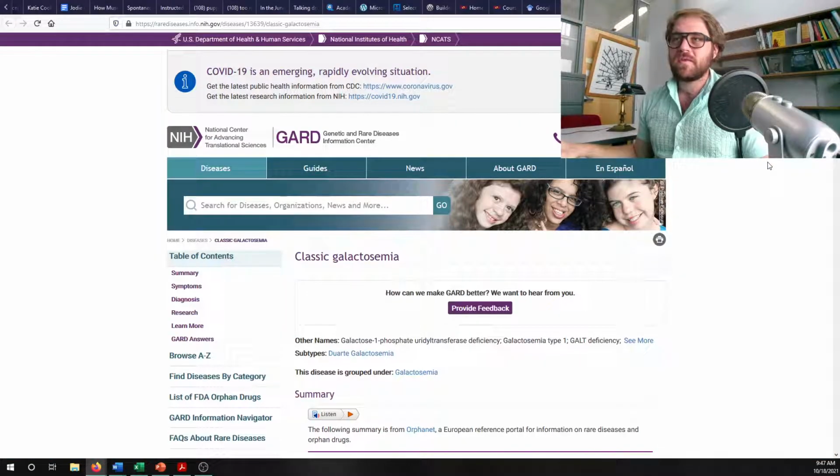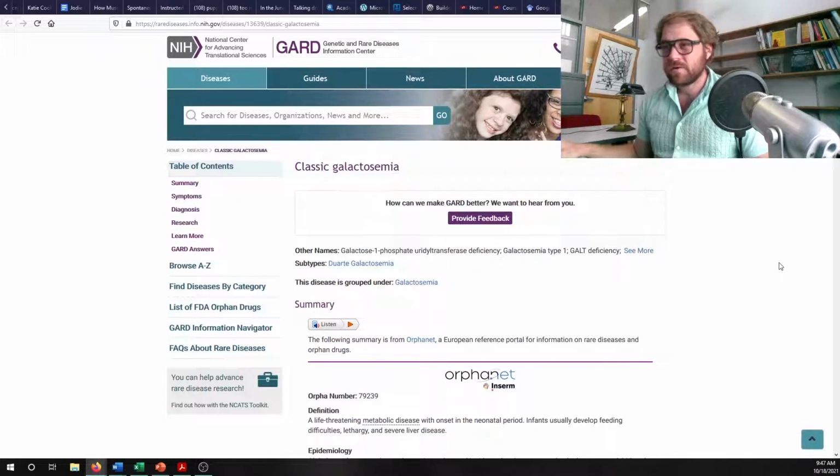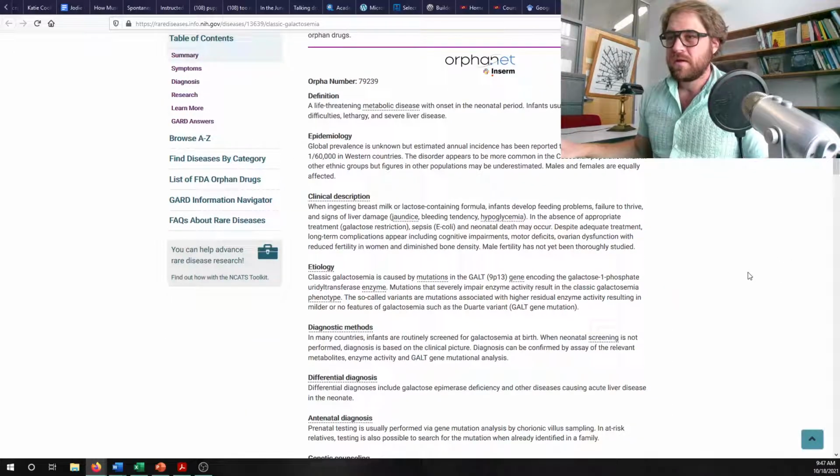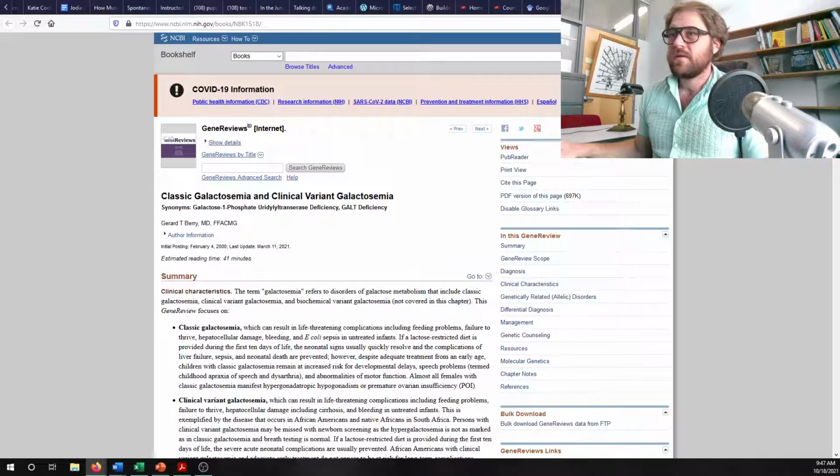Something like this, which is the rare diseases webpage of the NIH, the National Institutes of Health. This is a government agency. This is better. So this would be okay, but this is best. This right here, this is a journal article.